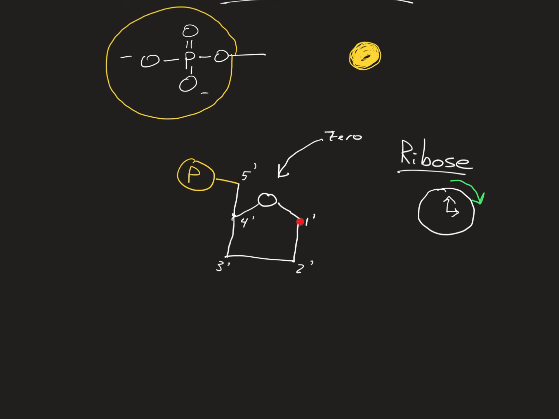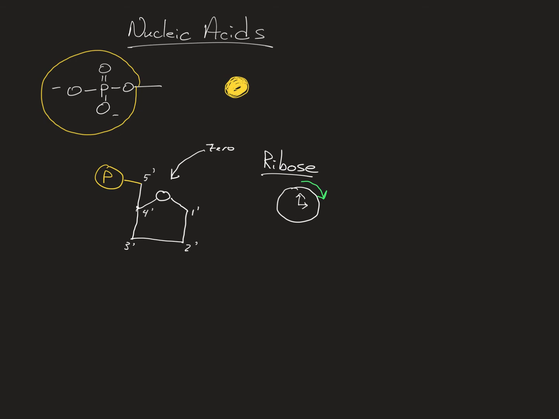Now, at each of these positions, you don't see them, but there's an OH and an H at each of these positions. And they alternate up and down. So this is up here connected to this. I'm going to draw it off to the side. So if we were looking at ribose, it would look something like this.